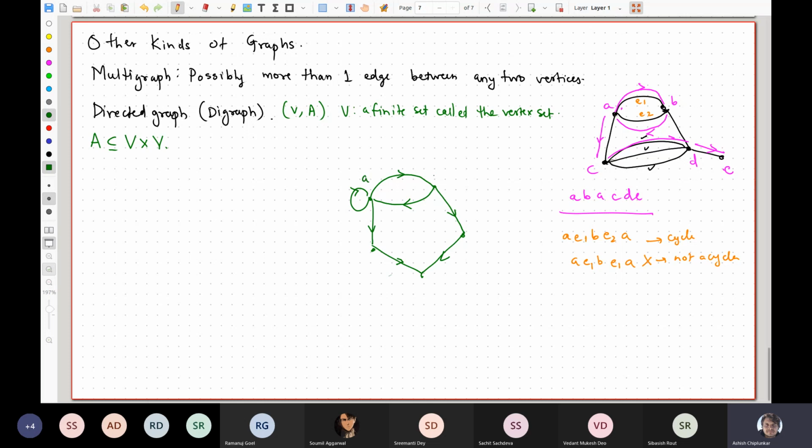So in this graph, let's call these A, B, C, D, E. Observe that in this graph there is a path from A to D, but there is no path from D to A. So directed path, a path which respects the edge directions.